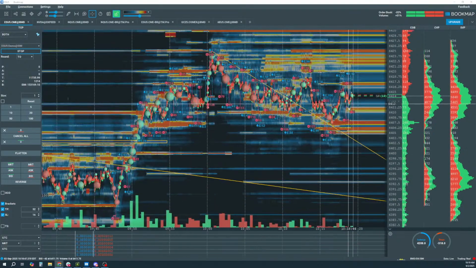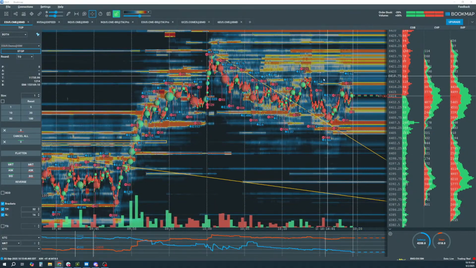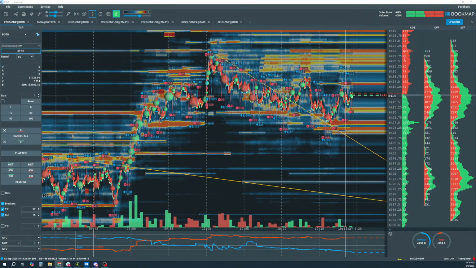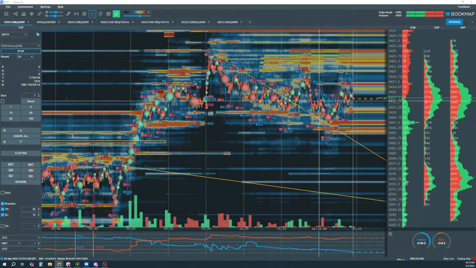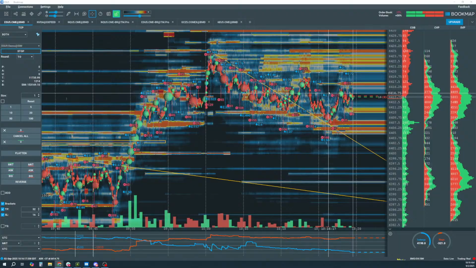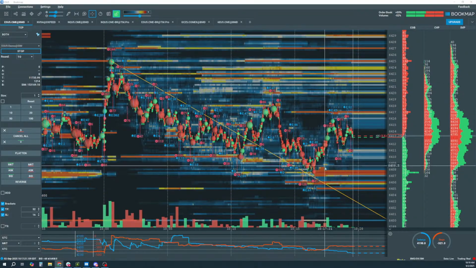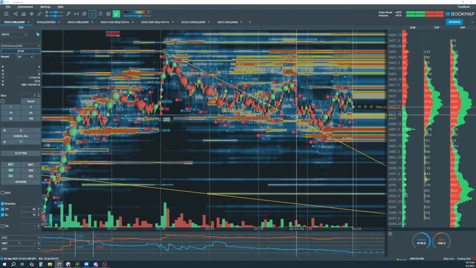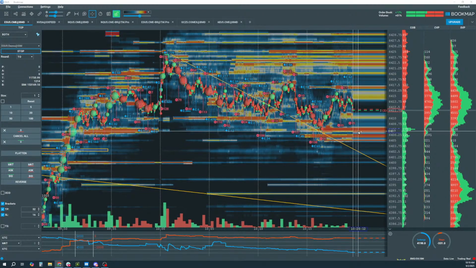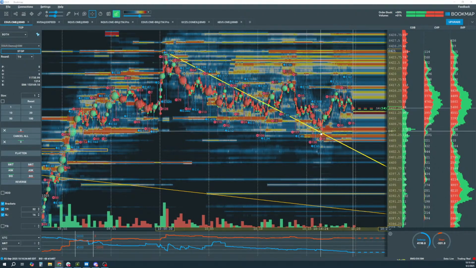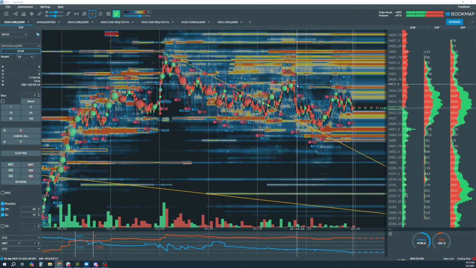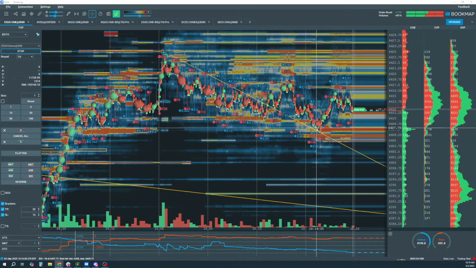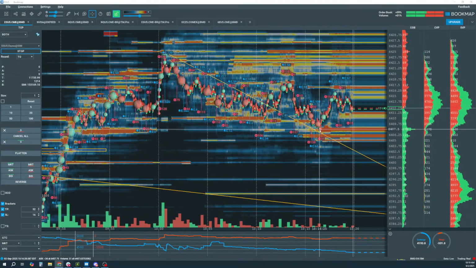Yeah, it's looking pretty choppy in here. We kind of broke that structure up here, but we made the lower low here. We were looking for this kind of stop run through these areas, and then waiting for this high liquidity down here as well. Just looking at the market structure here, a lower high, lower low.